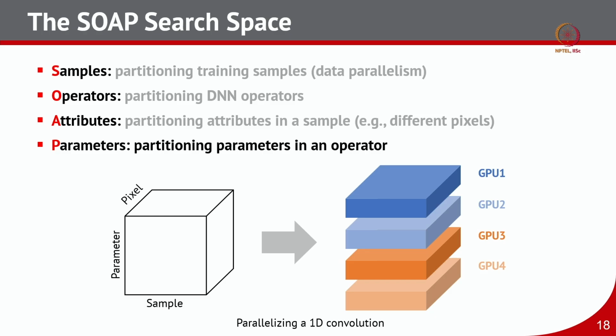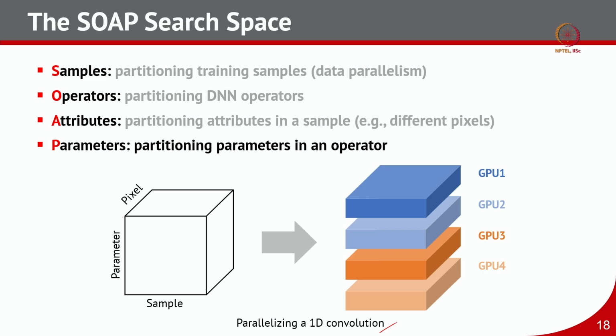And then parameters, we can also partition the parameters in an operator, like parallelization for 1D convolution. Even if you take one dimension of the input activation, you can further partition it into multiple partitions, and each partition can be mapped onto one GPU.